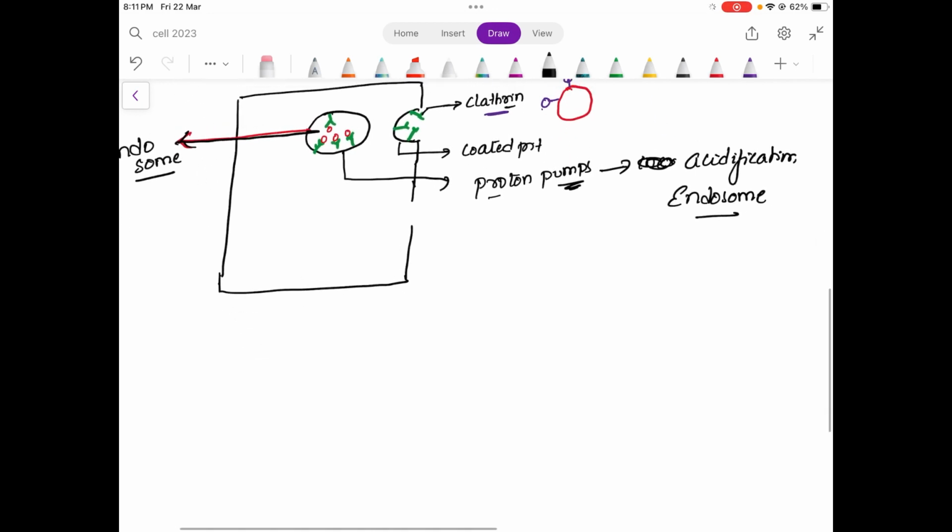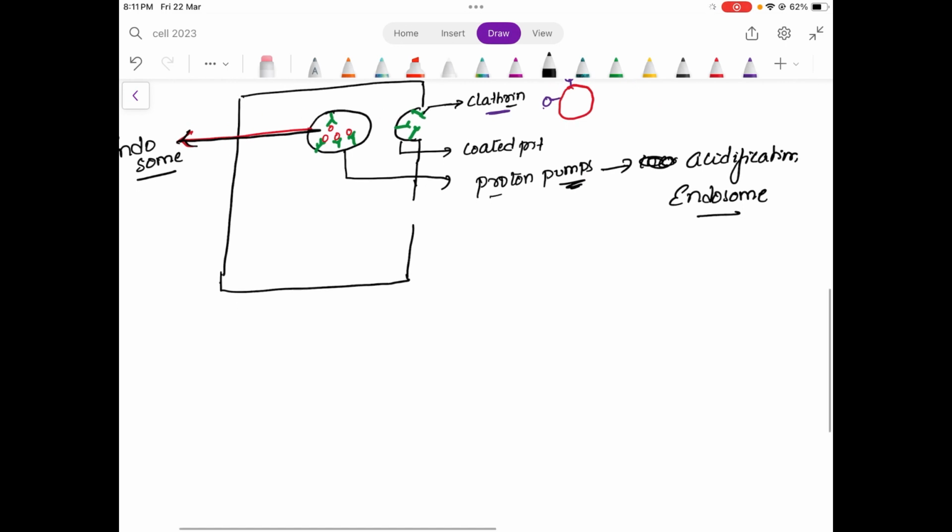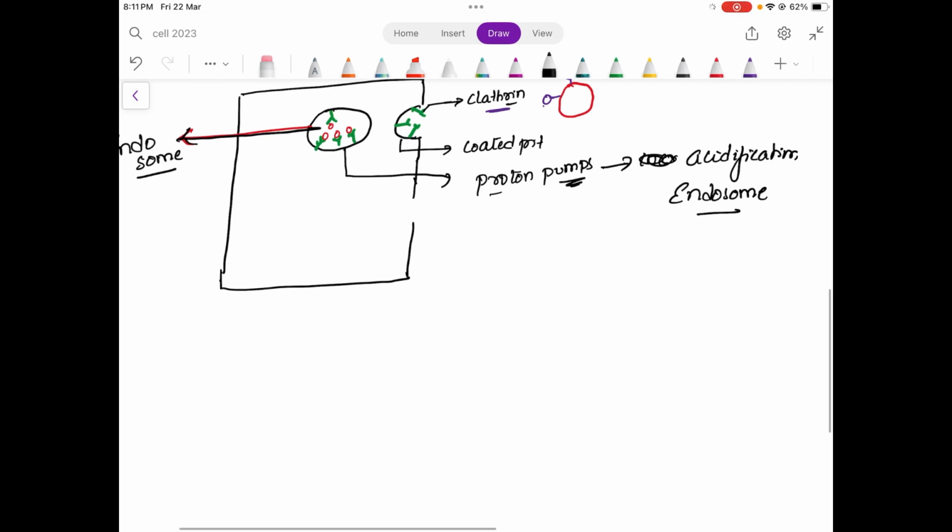This acidification causes separation of the receptor and LDL molecule.